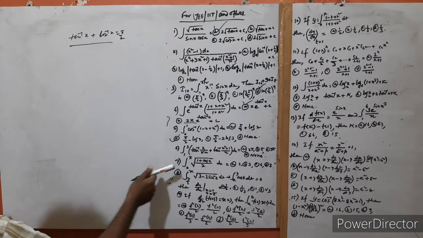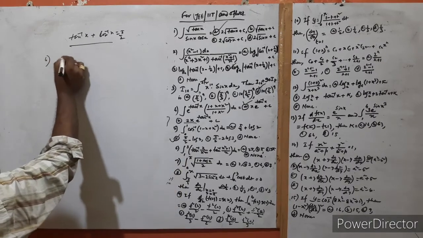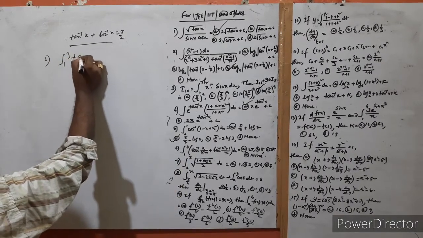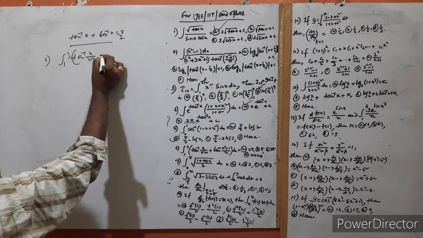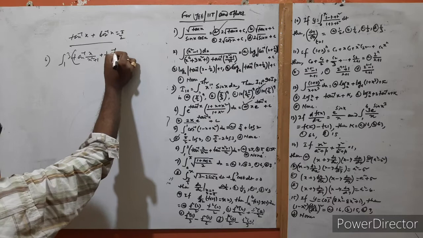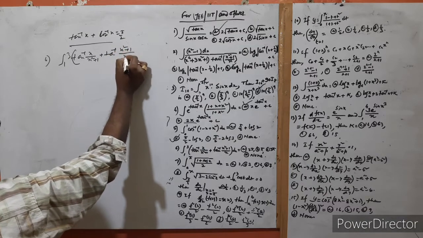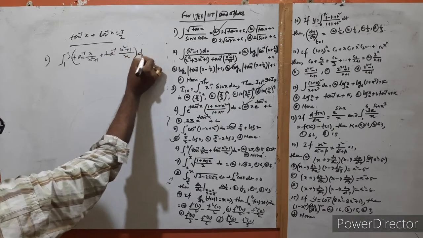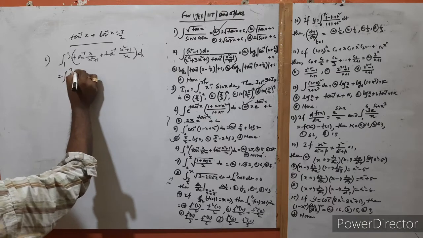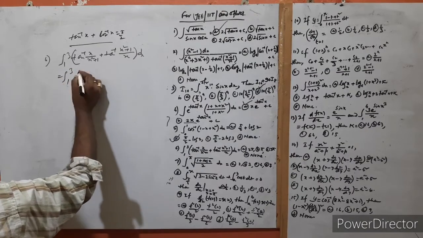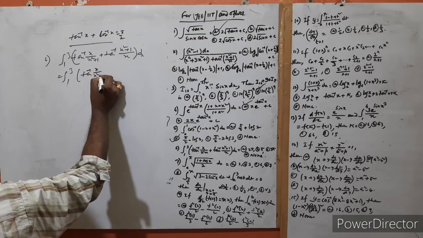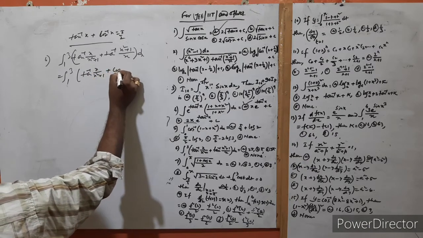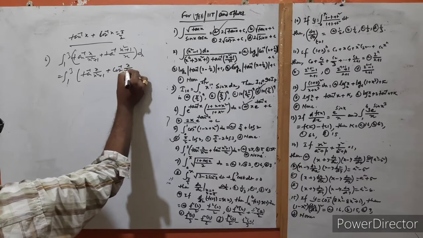So see, from that, for question 6, the integral from 1 to 3 of tan inverse of x by x square plus 1, plus tan inverse of x square plus 1 by x, dx. So see here, 1 to 3, tan inverse x by x square plus 1, you can write here as cot inverse of x by x square plus 1.